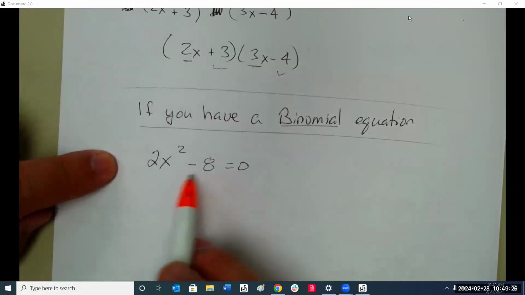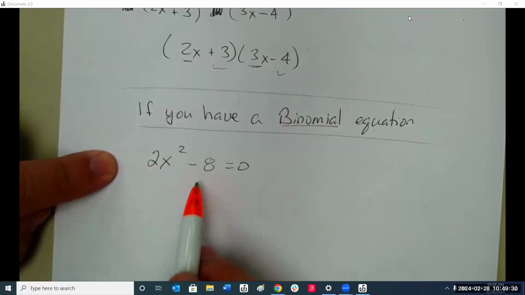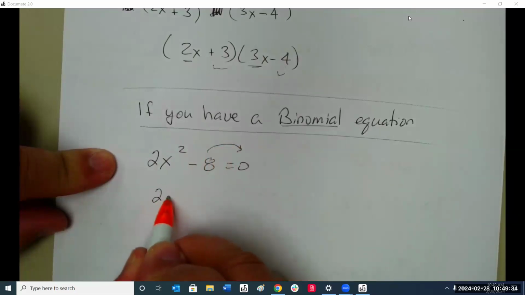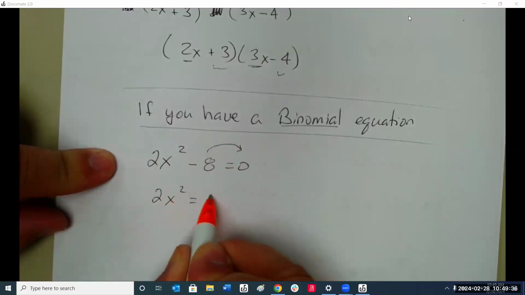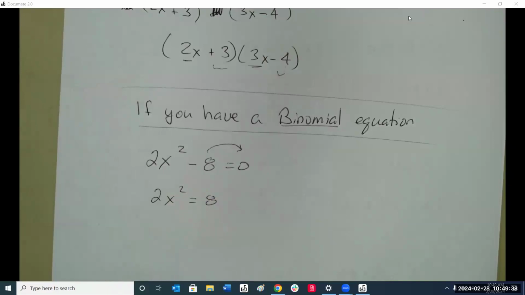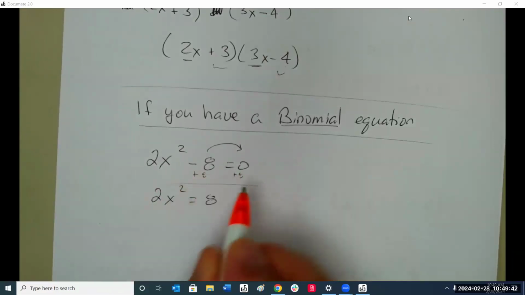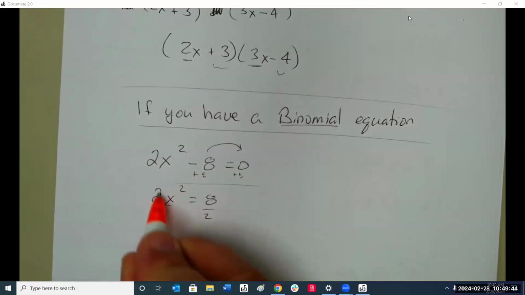If only one term has an x, then move the constant term to the other side. So add 8 to both sides. Divide by 2.